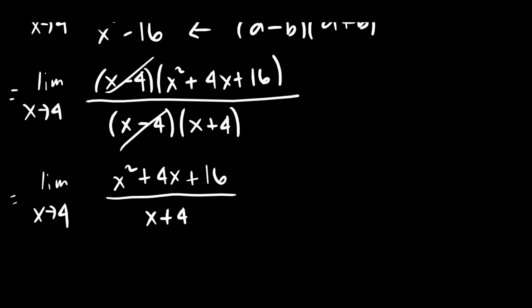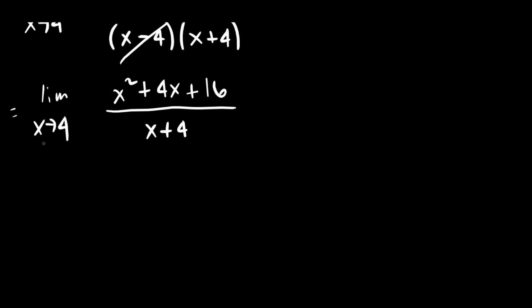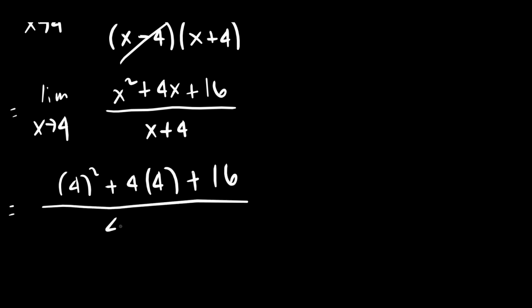For this one, we can now directly substitute the value of x, because it will not make our denominator equal to 0. So we'll have 4 squared plus 4 multiplied by 4 plus 16, all over 4 plus 4.